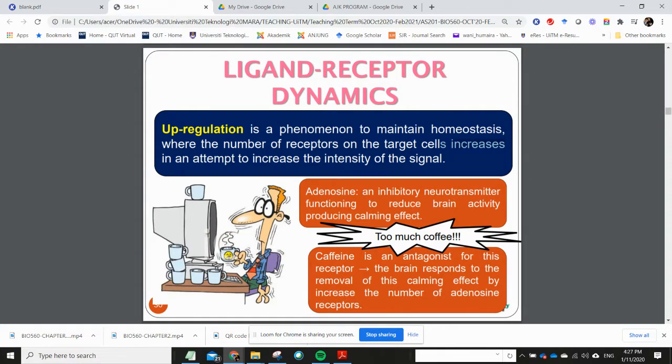So this person consumes coffee, because caffeine in the coffee is an antagonist to the receptor. So instead of adenosine binding to the receptor, caffeine binds to the receptor. So how does the brain respond to the removal of this calming effect?